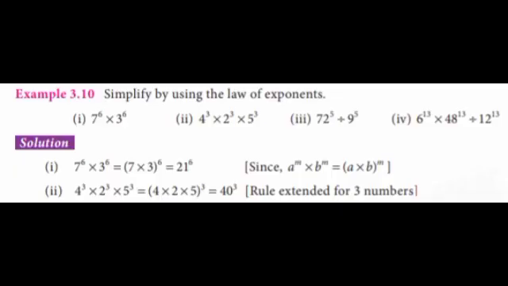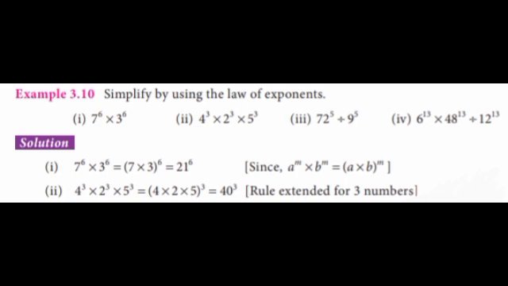Example 3.10. Simplify by using the laws of exponents. First question, 7 power 6 into 3 power 6. Here we can use a power m into b power m equals a into b the whole power m. That means the power is the same but the base is different, so we can multiply the base numbers together.